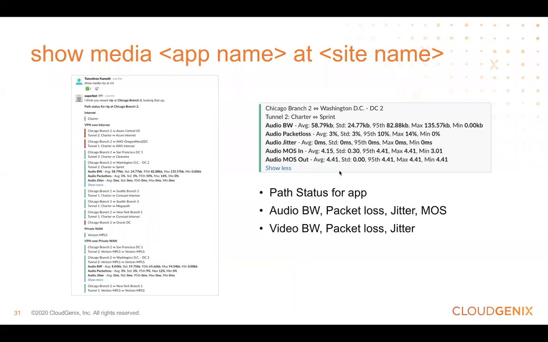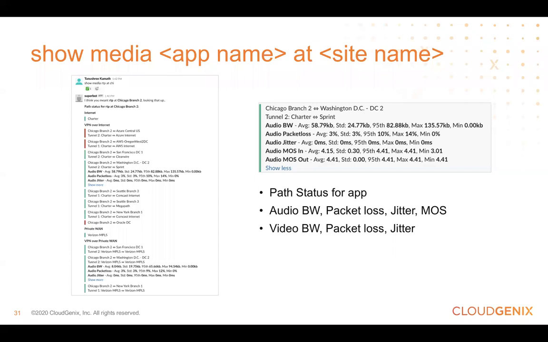If you want to look at media applications on a particular site, you can do that as well. You can see media metrics, how that application is performing on all of the different paths that it's allowed to go on. So here you can see path status for the app, and what the current status of that path is.